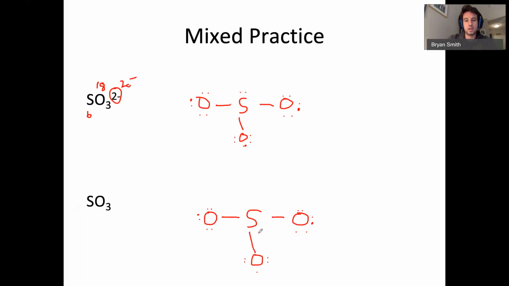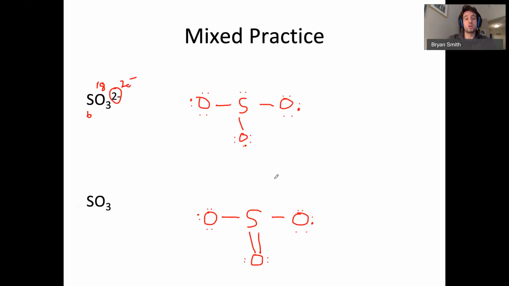Sorry, let me move this. Just going to move this dot over here. And if I move this dot over here, now when I form a second bond, currently 2, 4, 6, 7, 2, 4, 6, 7. So if I form a bond here, now they both have 8.